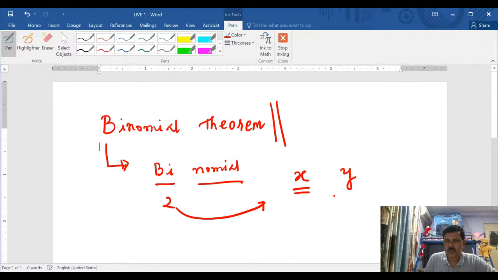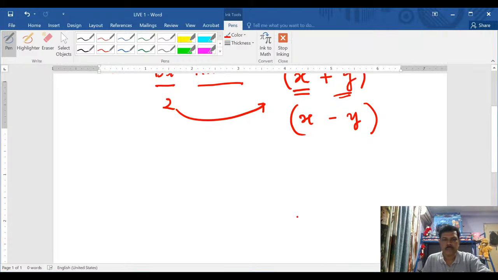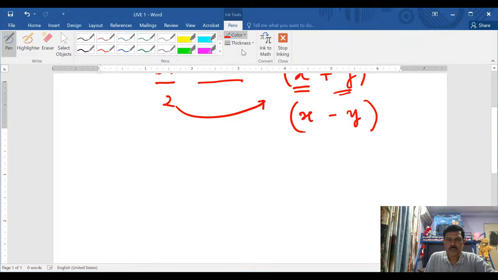There are two terms which are becoming an expression, whether with x plus y or x minus y, like this. So this is known as a binomial.